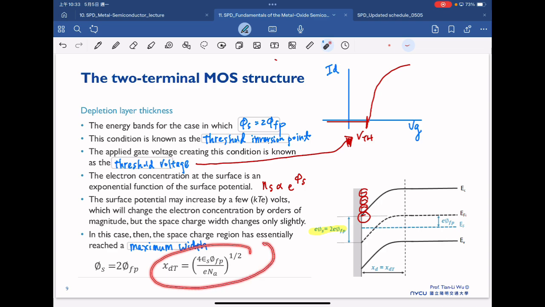This is the case where our phi s is equal to 2 phi fp.